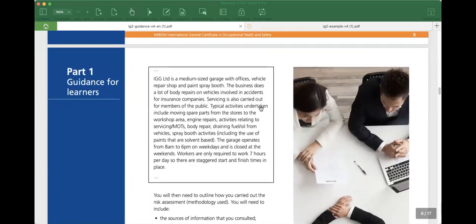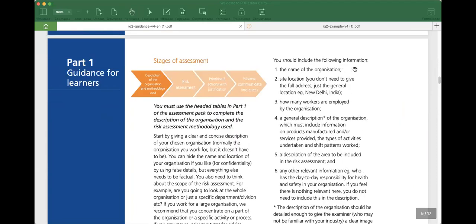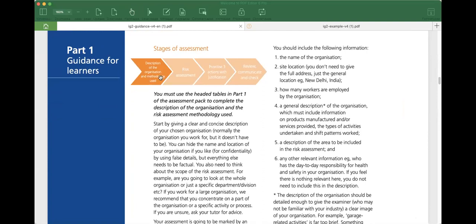So the section 1, you should include the following information in the description.